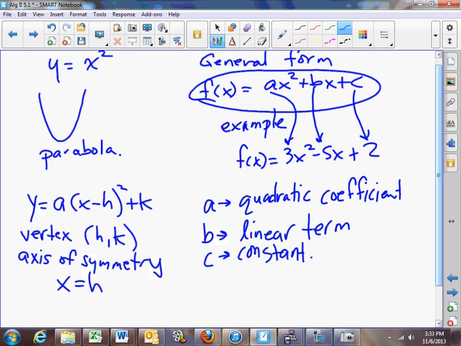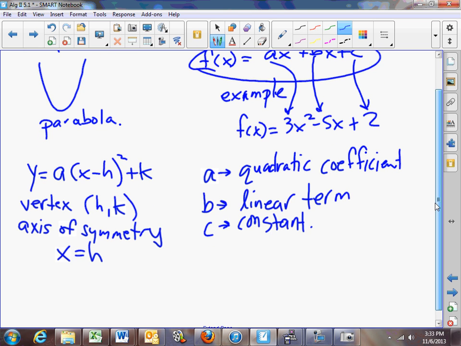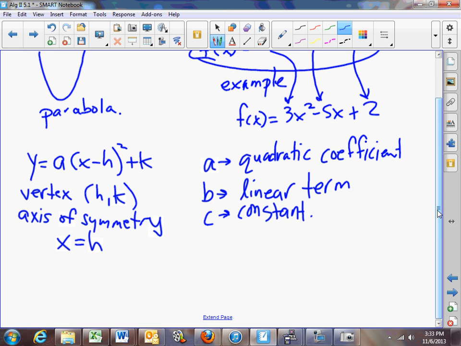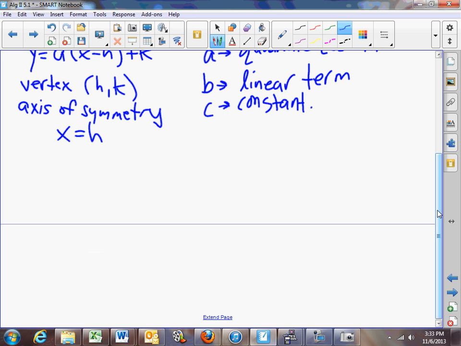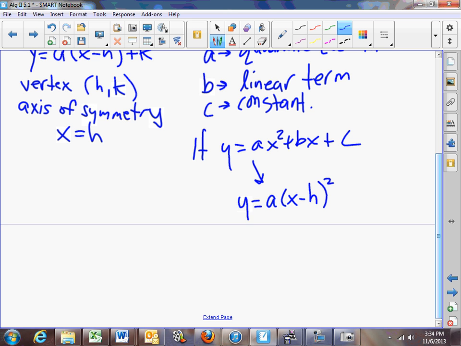Well, there is a simple equation that relates all of those things together, and it works like this. If you have y equals ax squared plus bx plus c, then it can be transformed into y equals a times the quantity x minus h squared plus k in the following way.